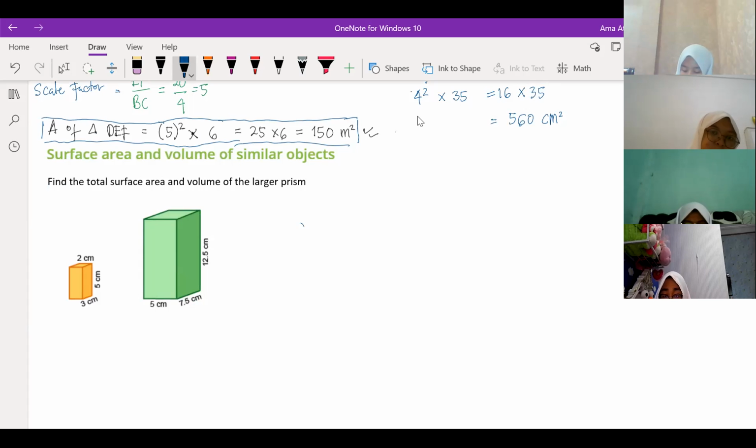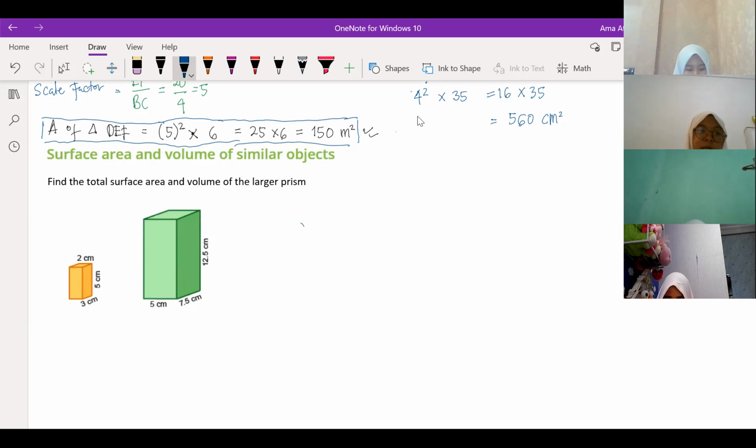Here we have two solids, and this solid is a prism. A solid is a three-dimensional figure that encloses part of space. What is the total surface area and the volume of the larger prism?